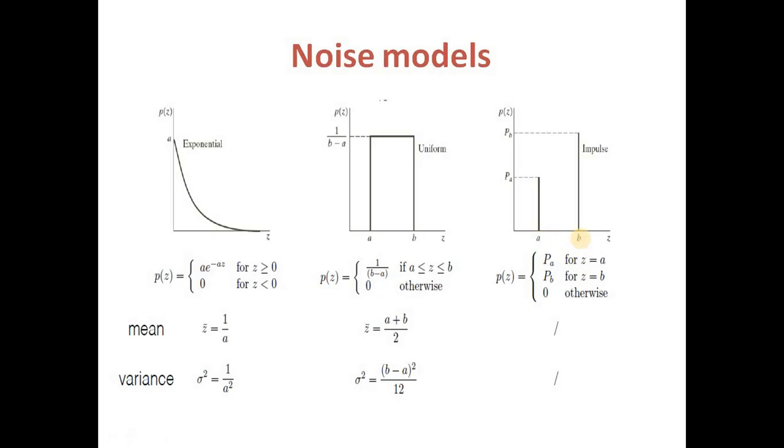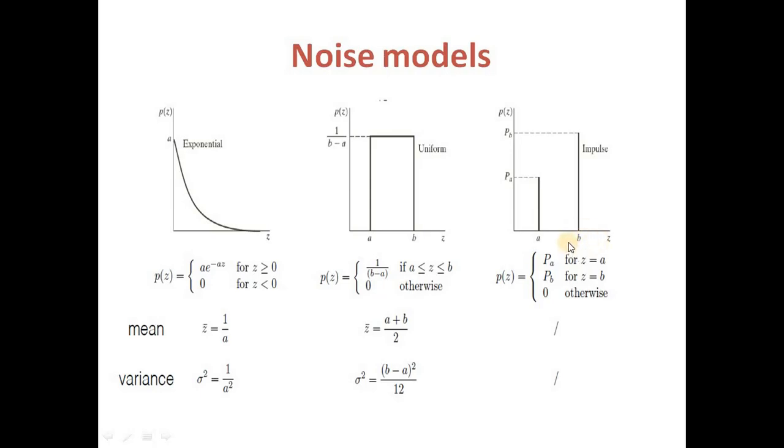And since impulse corruption is usually of much larger magnitude as compared to the value of the image signal, or you can say the value of the pixel in a particular image, impulse noise is generally digitized to the extreme values that are ever allowed in an image. So we model A to take the least allowed intensity in the image, and let B take the maximum intensity allowed in the image.